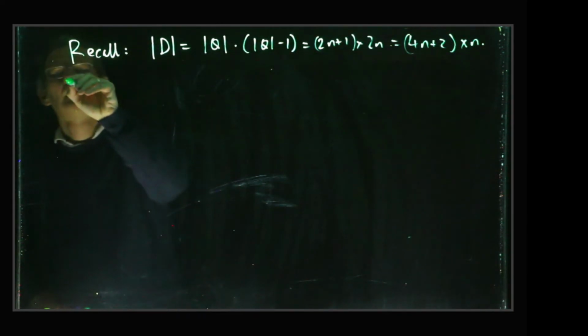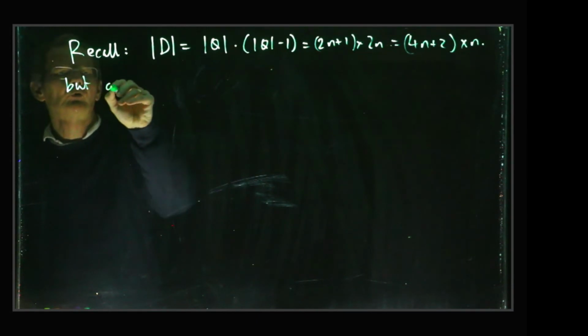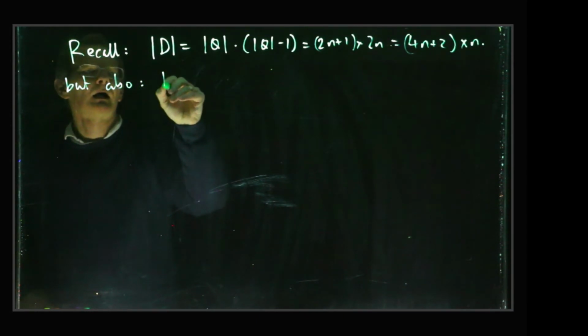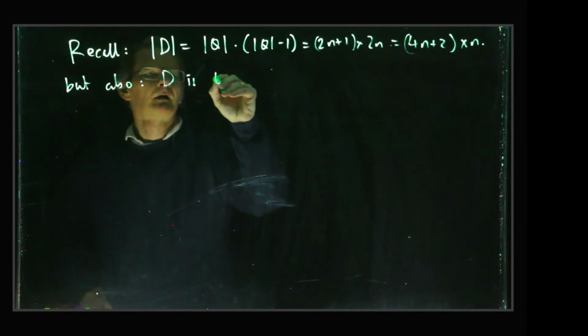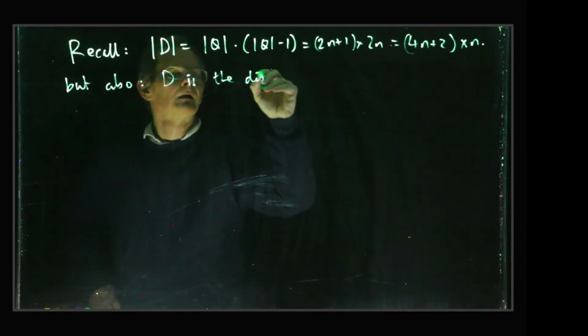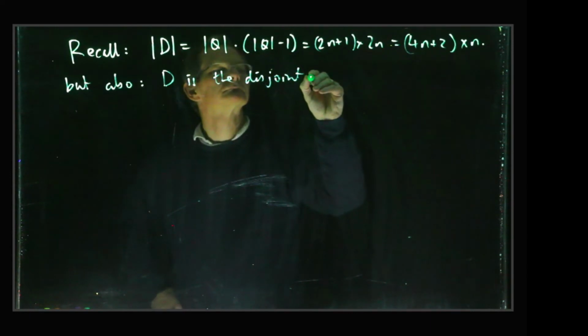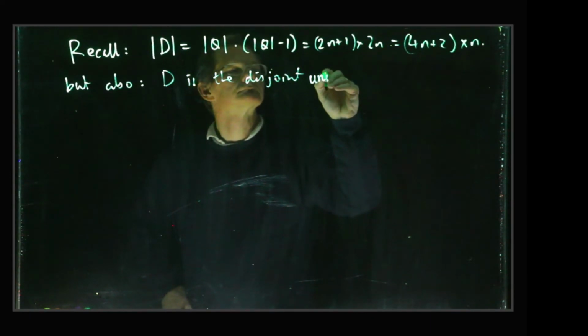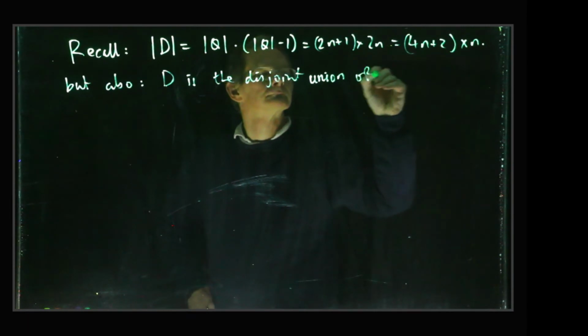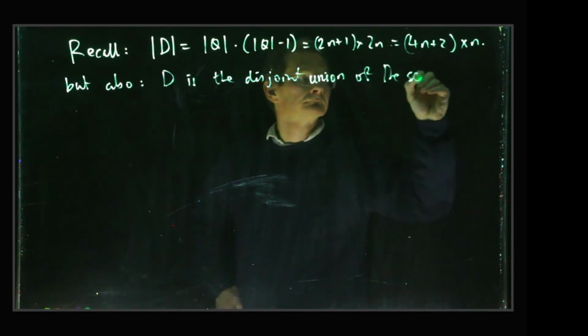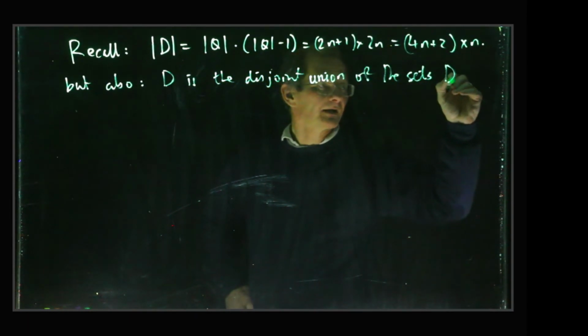But also, D is a disjoint union of the sets Dx.